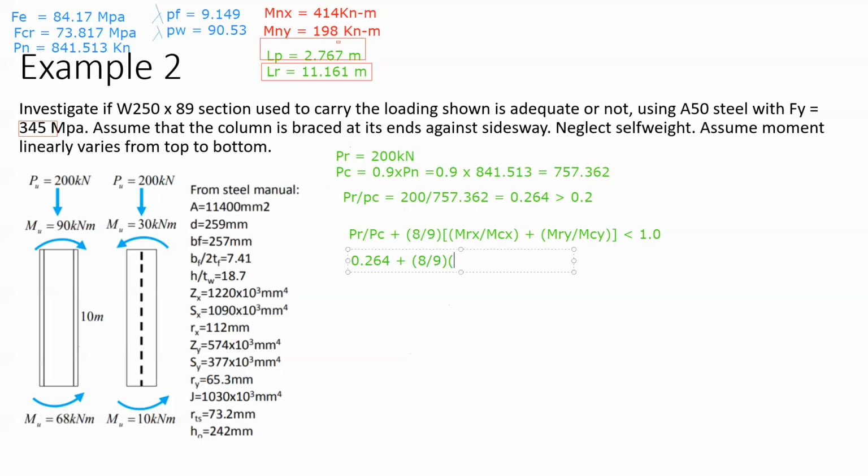So our MRX, that is your maximum moment, this is MU, 90 kilonewton meter, over the MCX. Let's put this here. MCX is equal to 0.9 of your MNX.